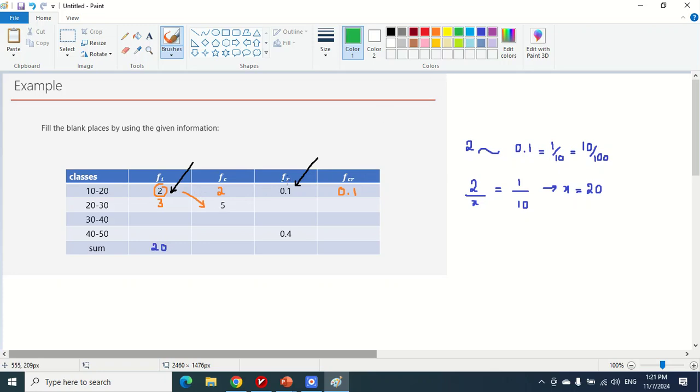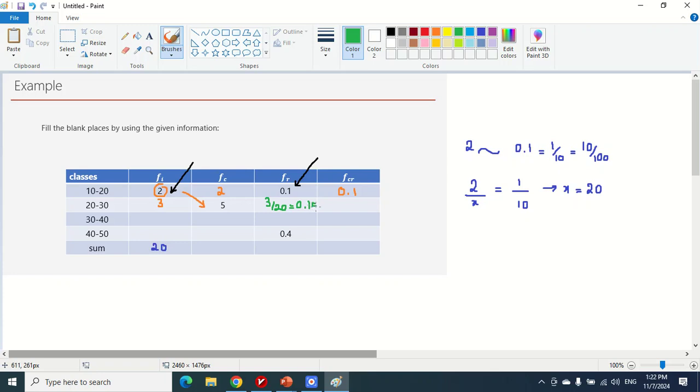For the second one, we can calculate the relative frequency by dividing the frequency of that class, which is 3, by the whole space, so the relative frequency over here is 3 over 20. You can also simplify it and write it as a decimal number, 0.15.